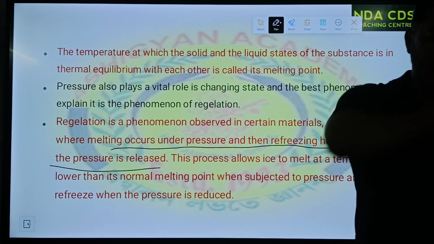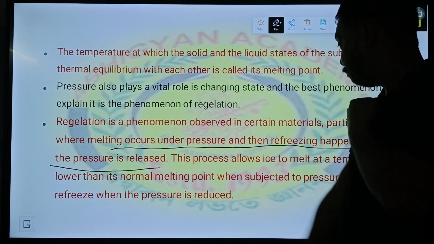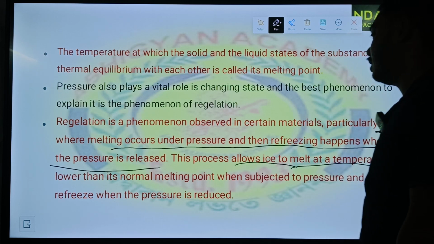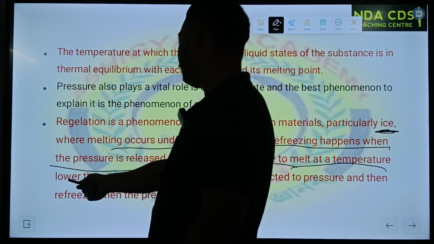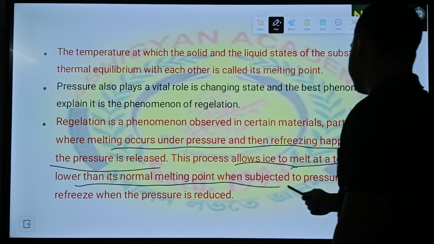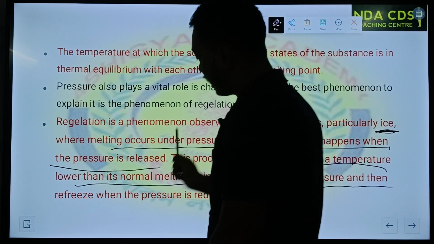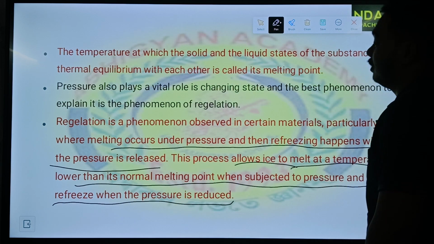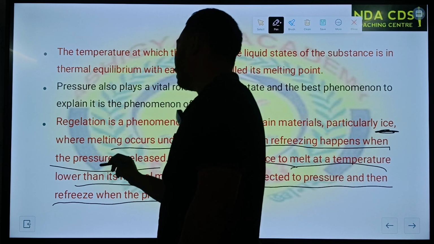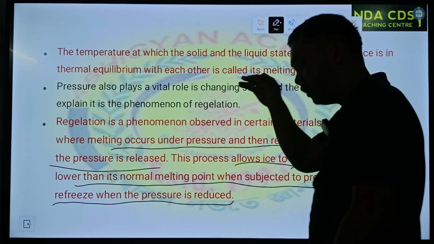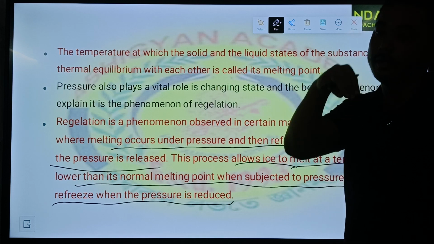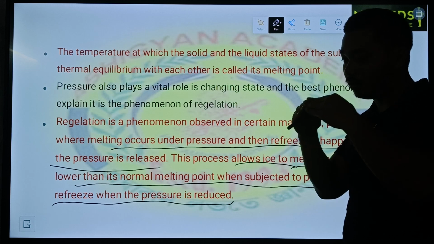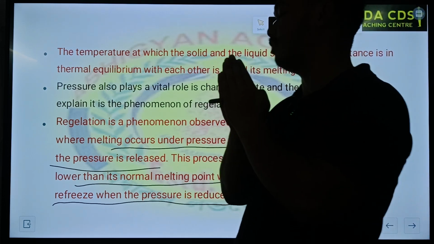Got my point? This process allows ice to melt at a temperature lower than its normal melting point when subjected to pressure. So, like I said, this phenomenon only happens when pressure is involved, and only in this phenomenon, ice will melt below its melting point, below 0 degrees Celsius. Ice will melt only in this phenomenon because the pressure is playing a vital role.